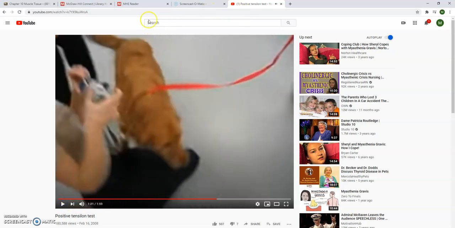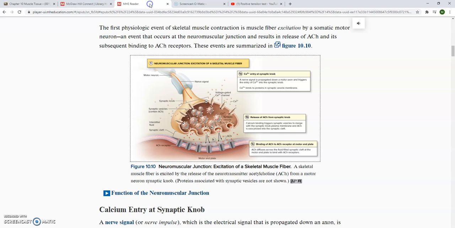All right, so we're going to go back to our picture here, and we're going to talk about what myasthenia gravis is. It affects the acetylcholine receptors. Remember I said it's an autoimmune disease, which means that the body mistakenly makes antibodies against something that's a normal part of the body.